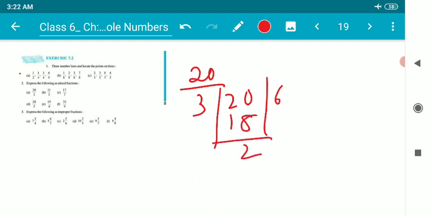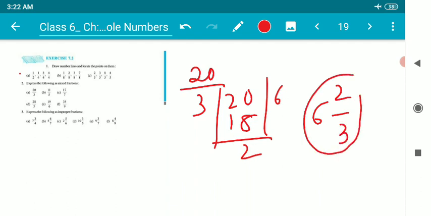The process of expressing an improper fraction as a mixed fraction is: 6 whole, the remainder is written up, and the divisor is written down. The answer is 6 2 by 3. I repeat, the remainder is written up and the divisor is written down. This is how we express the number.